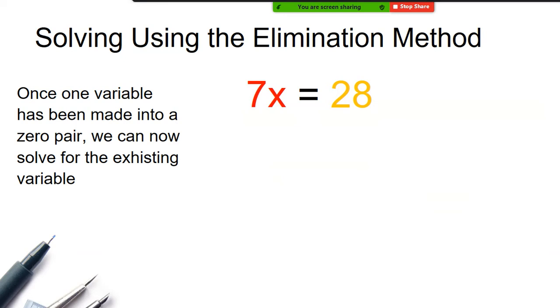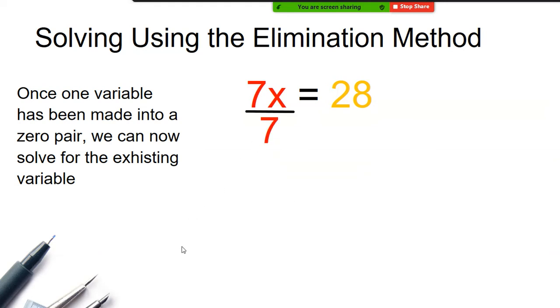We made the y disappear, so now I can solve for my x. And I'm going to use solving equations like I've been solving equations for months now. I know that I need to use opposite operations to isolate the variable. So I'm going to say, well, 7 times x. What's the opposite of 7 times?